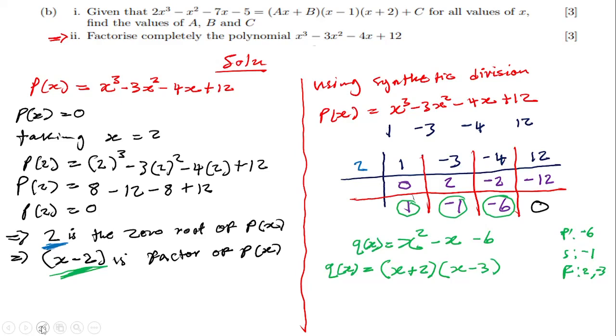So if we have all the 3 factors, you can simply say, therefore the factors of p of x are, the first one you had, which was x minus 2, the other 2, which is x plus 2, and the last one, x minus 3.